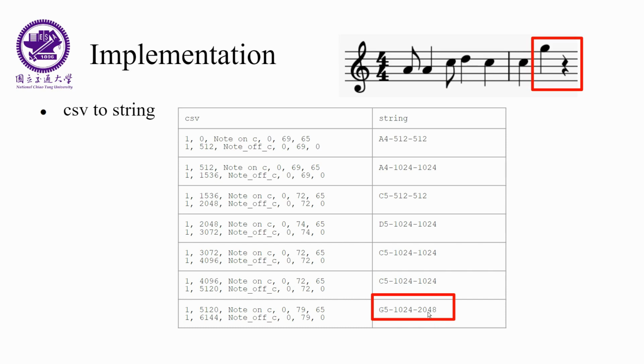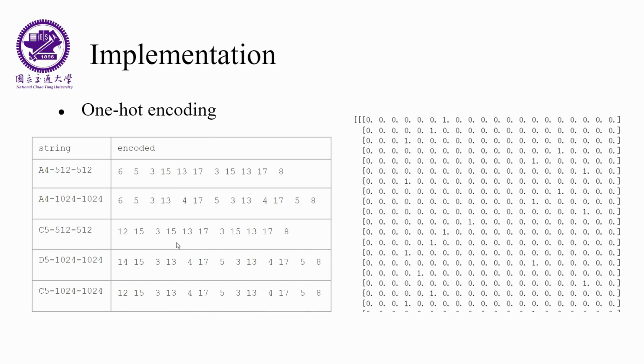So this number means the next note's arrival time, and 79 means G5 according to the table. Okay, then you can see that the string is basically composed of just some alphabets, numbers, and hyphen.